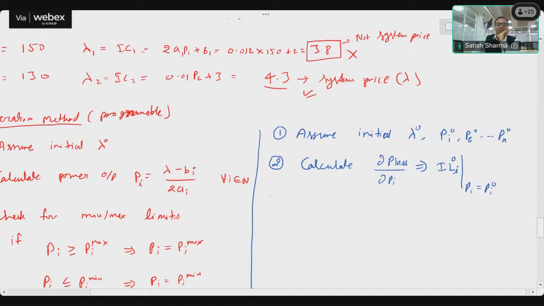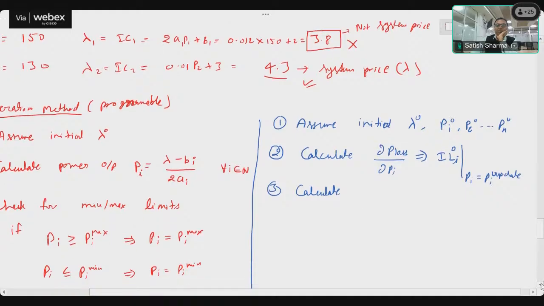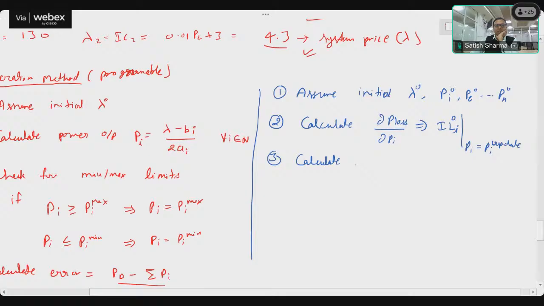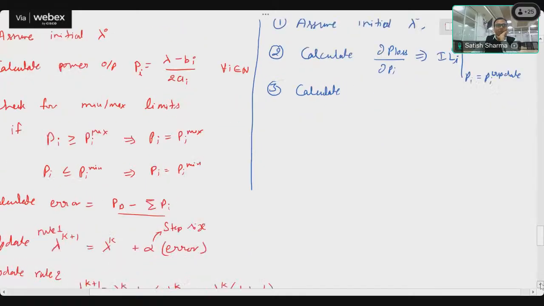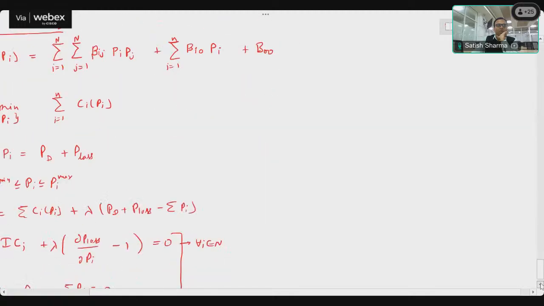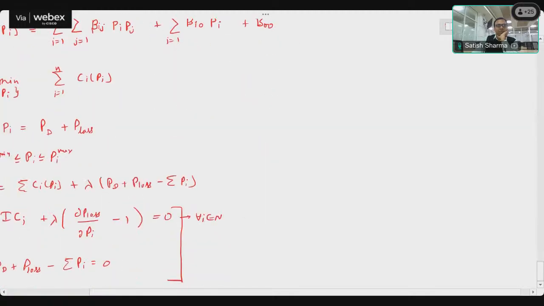Once we have calculated this, the third step will be to calculate the updated values of Pi. So far we have initial values, so I will use those, and then if we fix this value here, I can calculate Pi. And if I use this particular equation, and let's say the P loss is known, I can say this is 2ai Pi plus bi. So that is my incremental cost here.